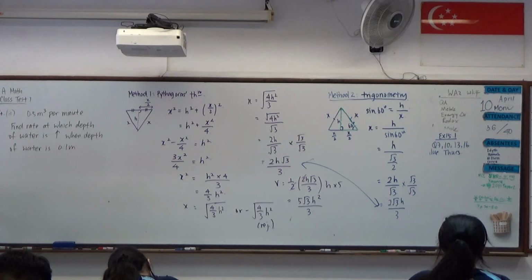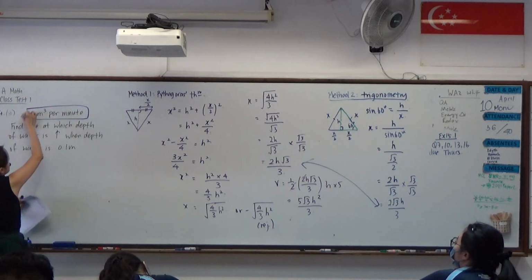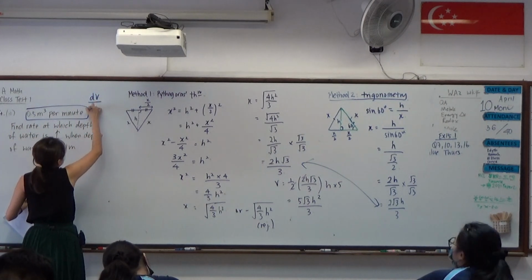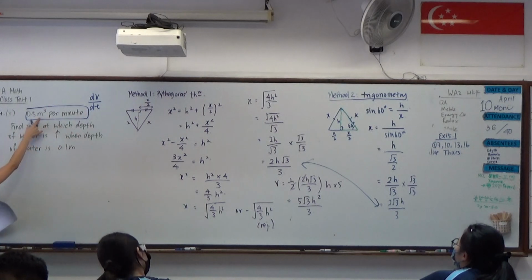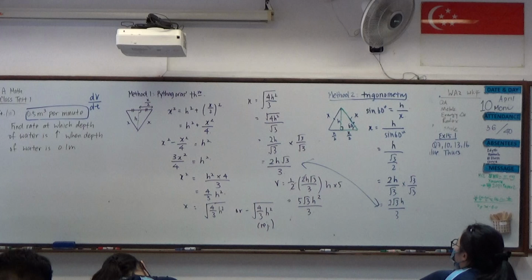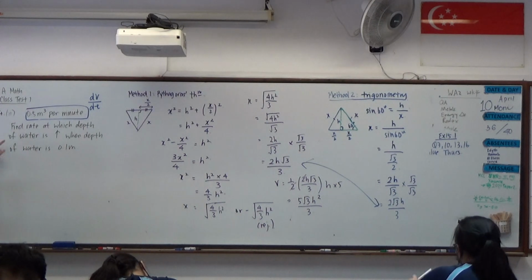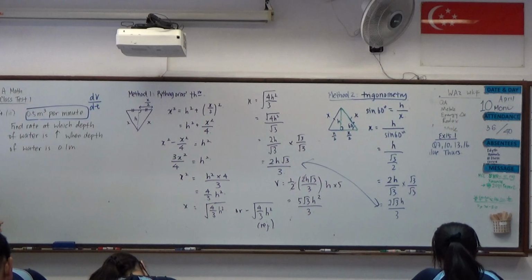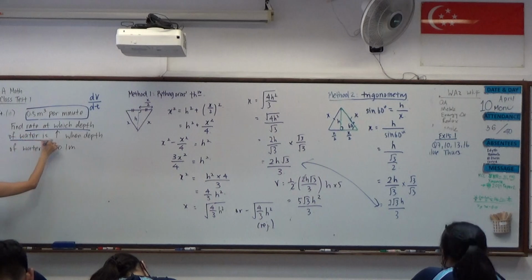Meter cube per minute. This actually refers to dV over dt, where V is the volume, because it's in meter cube per minute, that means over time. Okay, so you need to recognize what you're given. Then the question says find the rate at which the depth of water is increasing. So this is what we want to find.